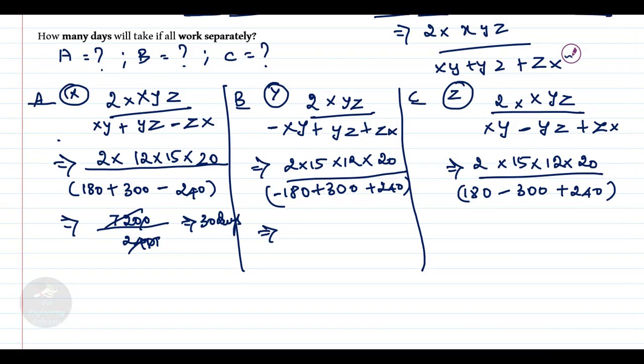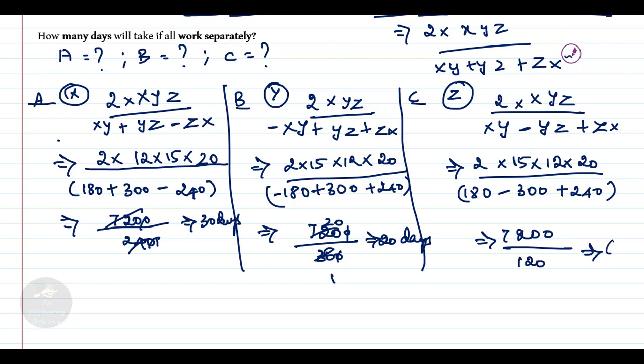Similarly, the numerator will be 7200 divided by 360. 0, 0 cancel, and it's 20 days. Similarly, 7200 divided by 120, 60 days.